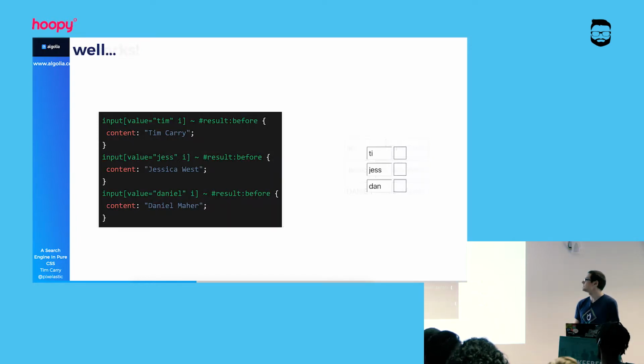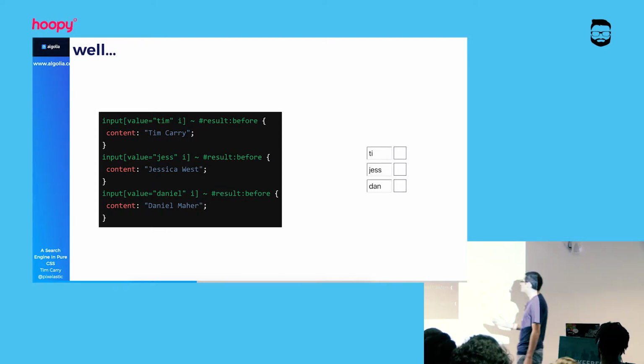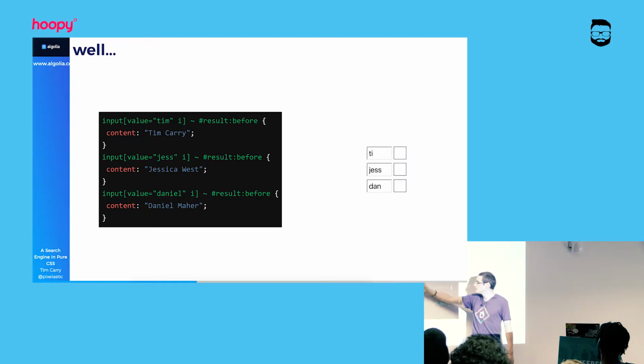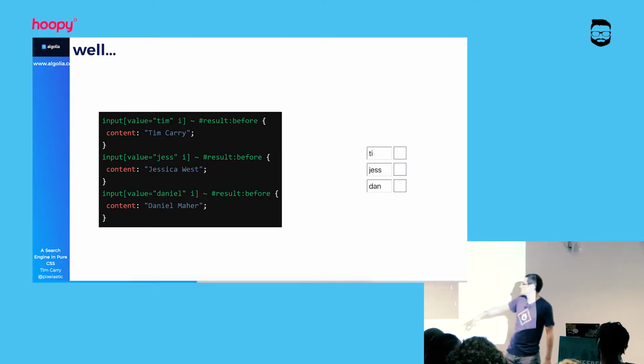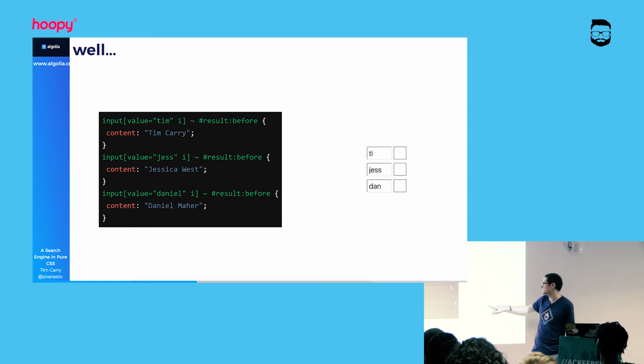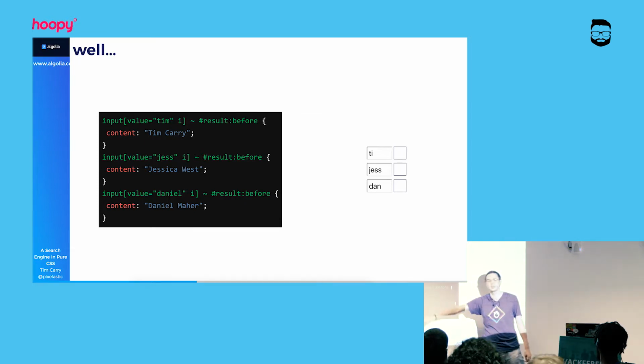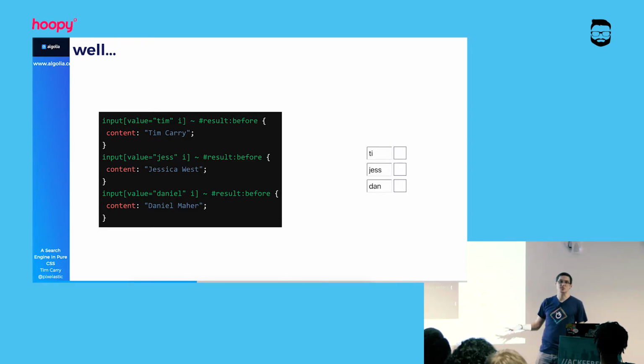Except that does not completely work, because here I'm only matching on Tim. So when I type Ti, it does not match. Here I'm typing Dan, and it should match on Daniel. Does not match either. So there's something that's not right.